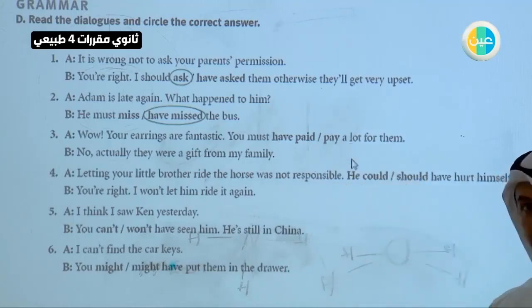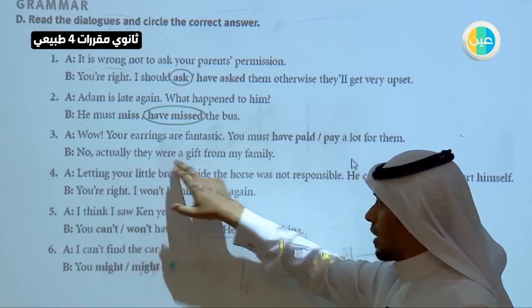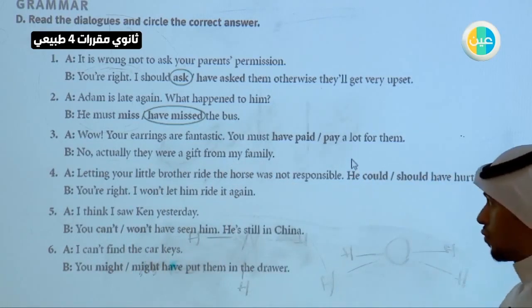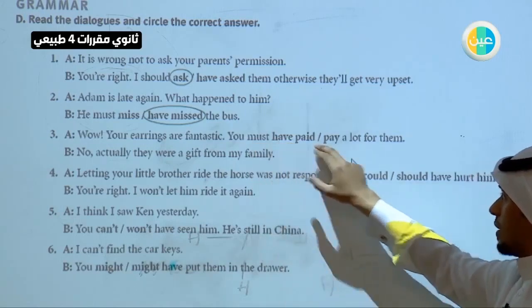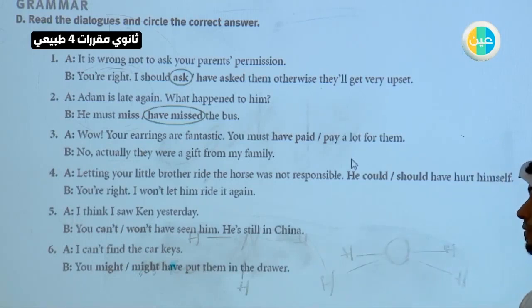So they are very expensive. No, actually, they were a gift from my family. He didn't pay anything. What do you think? Think about it. The answer is you must have paid a lot for them.